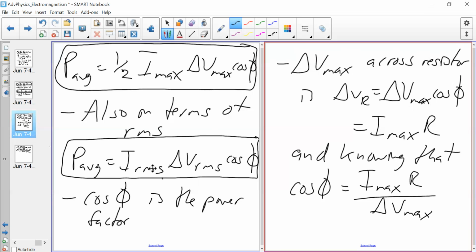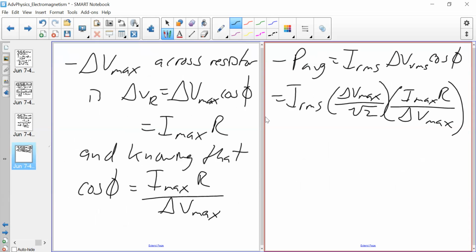So in terms of the RMS values, just put I RMS delta V RMS, that's it. You can look at power in terms of the max current and voltage, or the I RMS. So this is much more efficient, I would say, in context with our AC circuits. We look at power this way because we're mostly concerned with RMS values anyway.